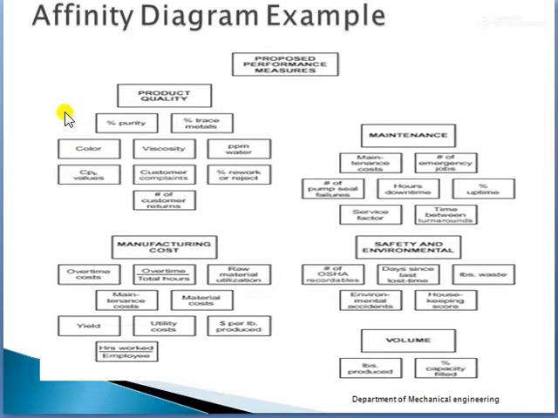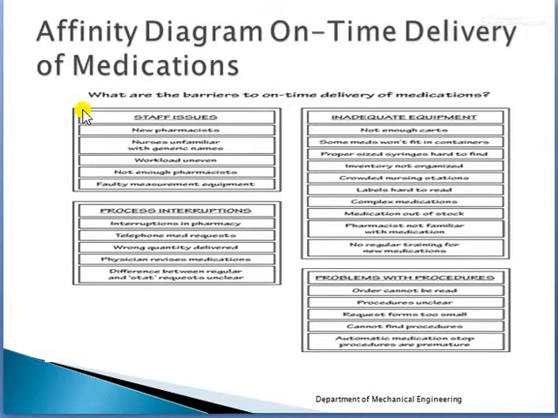What are those 6 steps? We can see here: assign a group leader for the activity, and agree on a statement of the issue or problem. You have to state the problem in the form of a question: what are the barriers to on-time delivery of medication?